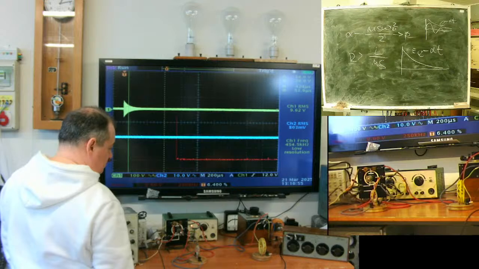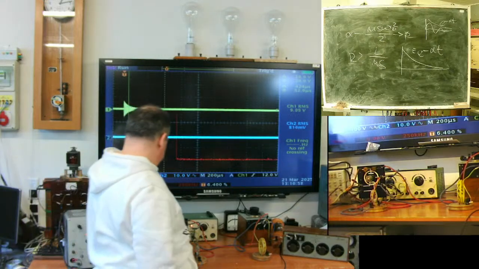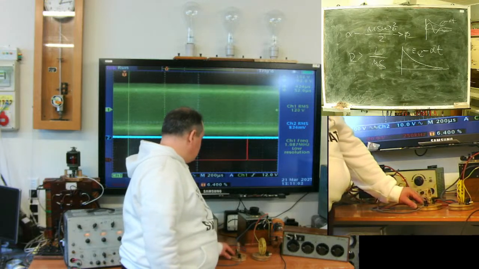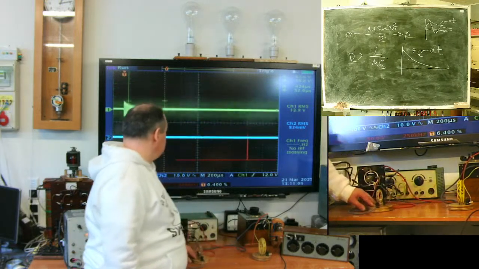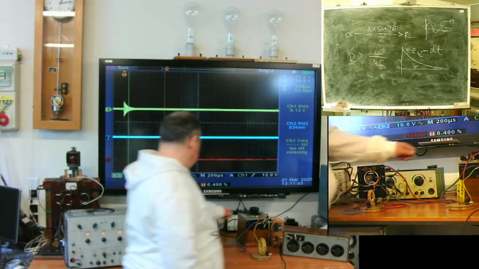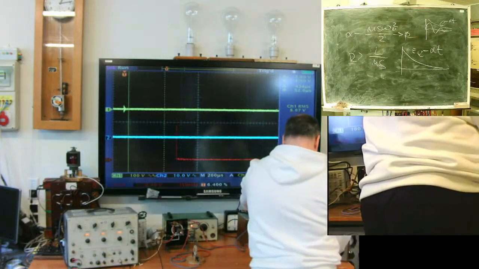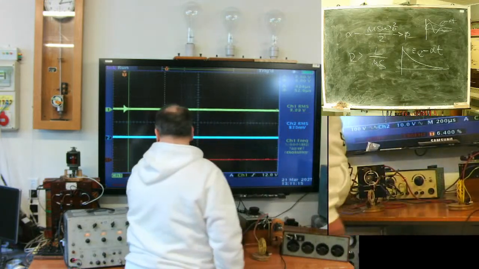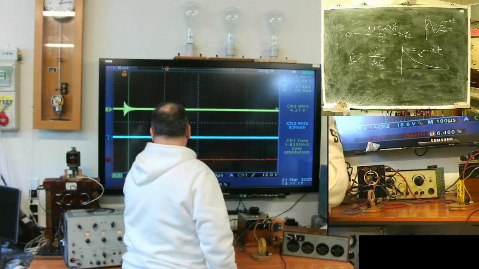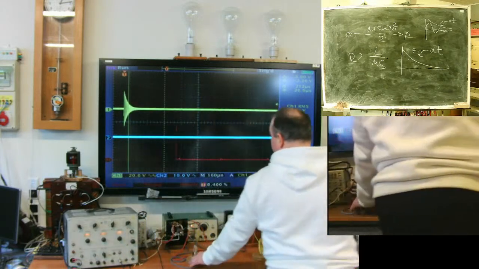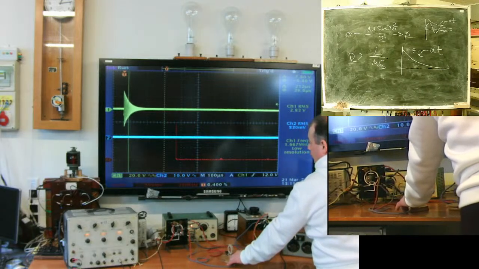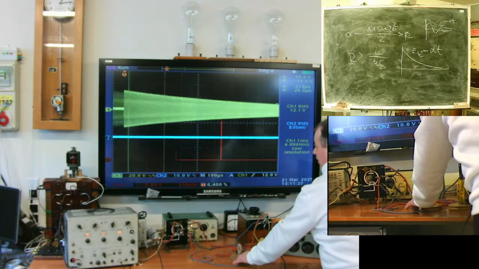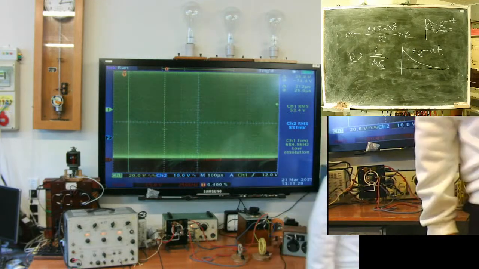I've added 20 ohms. Non-stable. Stable, not stable at all.